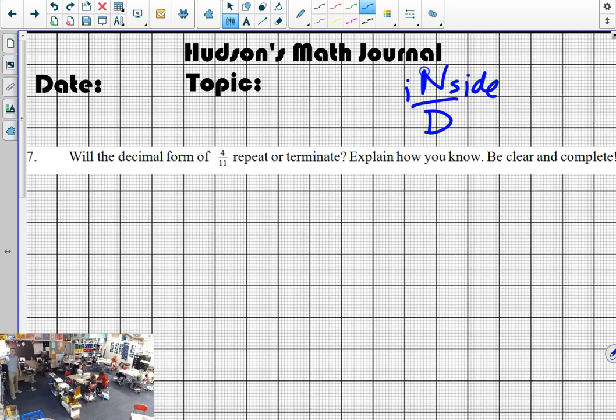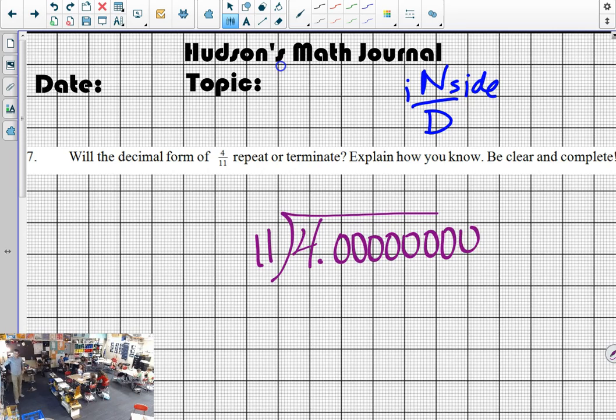A couple people had issues with that. Numerator goes inside. So it's 4 divided by 11, and we will end up getting, just because I'm running out of time, 0.36 repeating forever. Do not trust your calculator. It is 0.36 repeating, right? I'm not crazy.